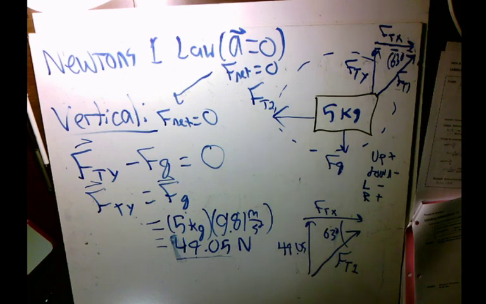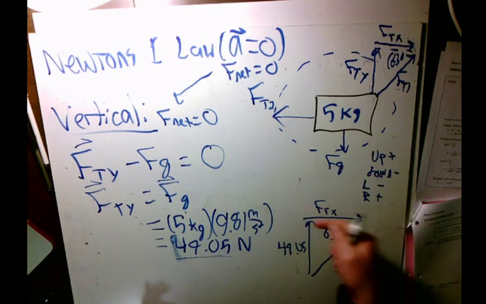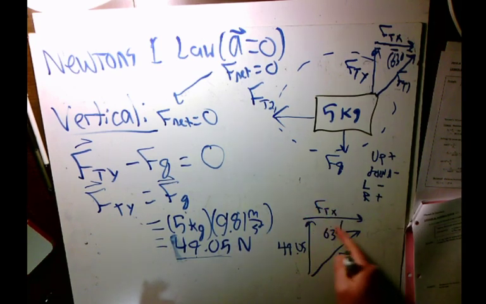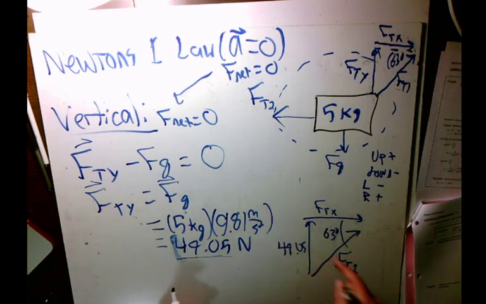So we actually do need to, for the question, determine the force in this string, the hypotenuse, but we also need to determine the force in our second string, which is horizontal. So that's going to be equal and opposite to this one. Since we're not accelerating to the left or to the right, we're again going to use Newton's first law in our horizontal direction.